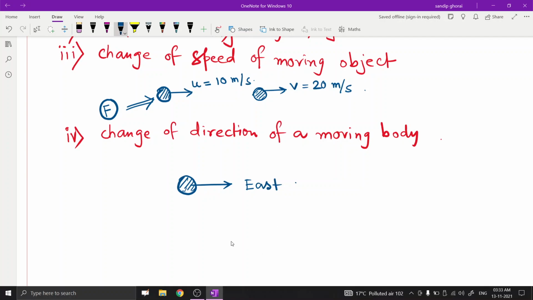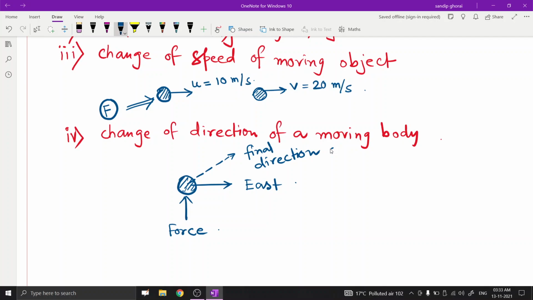Suddenly we apply a force F in this direction. After applying the force, the body can change direction and finally moves in this final direction. So a force can change the direction of a moving body.